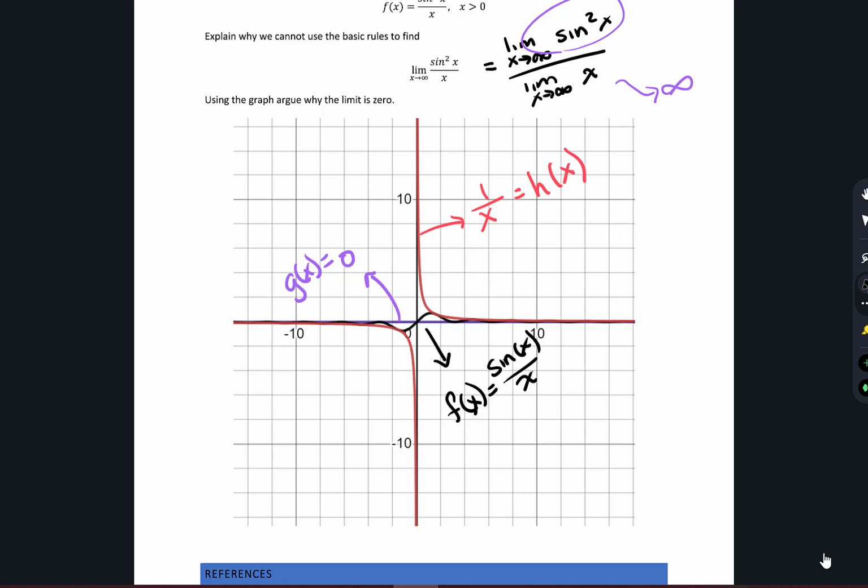So you can go through and formally show by the sandwich theorem that f of x is basically going to get sandwiched between g of x, which is 0, and 1 over x. And so that's how you would go about showing that its limit is also 0.